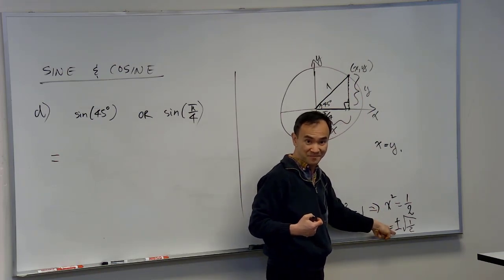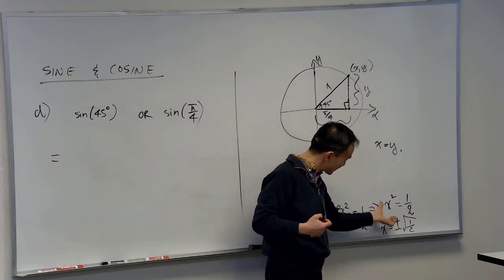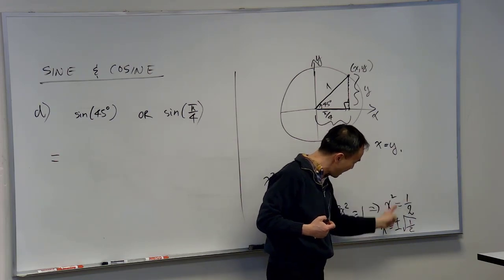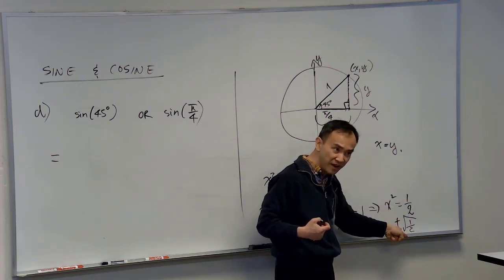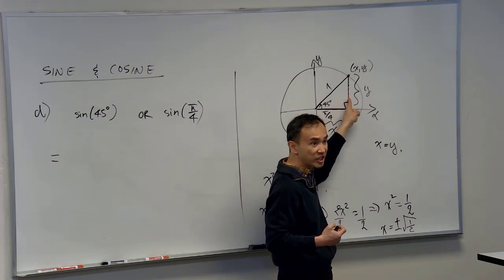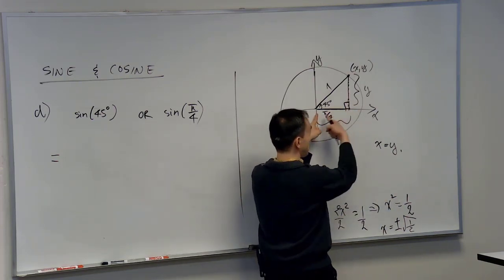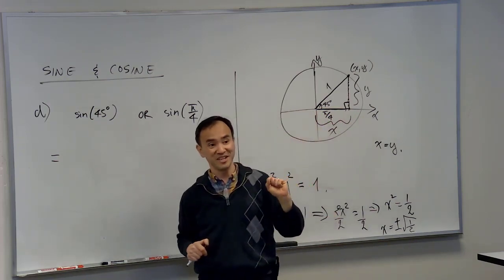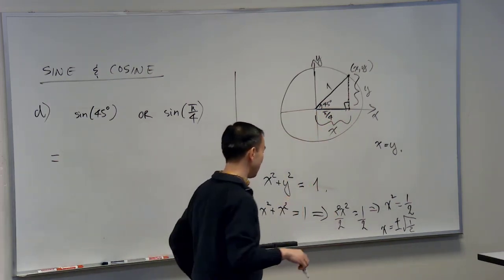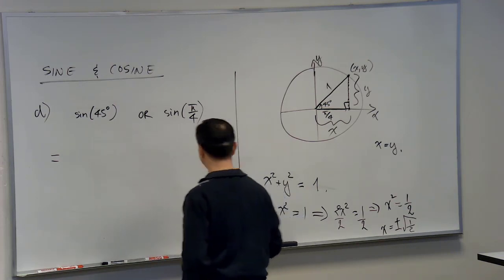The result only says that for x squared equals 1/2, x can come out with 2 different values, but in this particular situation we have to choose the positive one because the x value is positive. Are you seeing that right from the picture? So now we have made our decision.